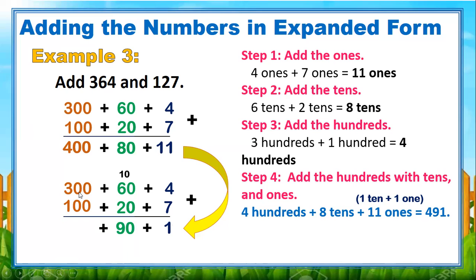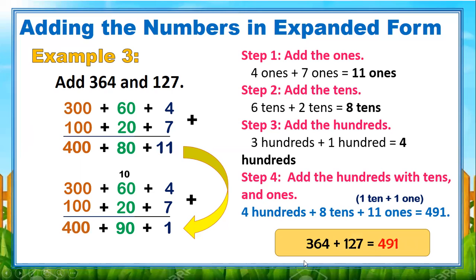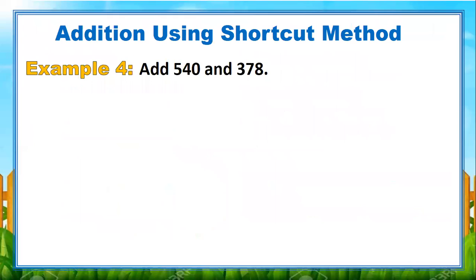And then let us add the numbers in the hundreds place. So 300 plus 100 is equal to 400. So 364 plus 127 is equal to 491. Is it clear? All right, let us proceed.